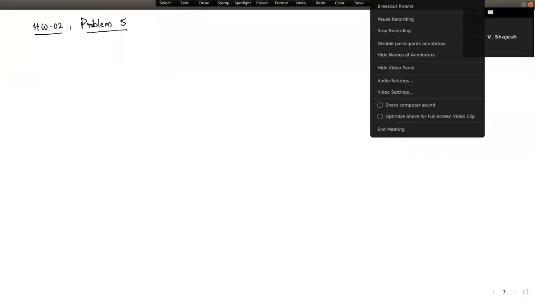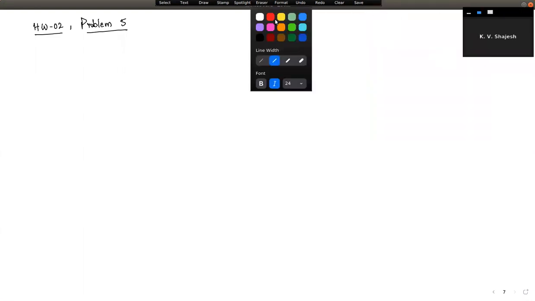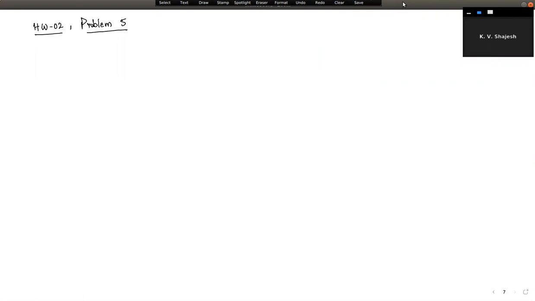Coming to problem 5 in homework 2, it talks about a fish that is dropped by a pelican that is rising steadily at a speed of 4 meters per second. Rising steadily means that it is not accelerating. Let me show the picture.